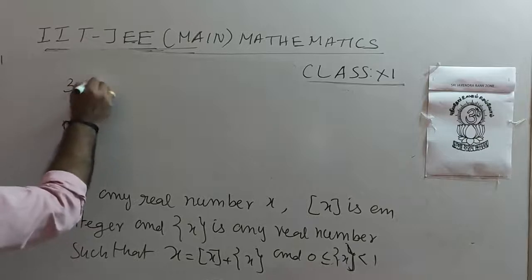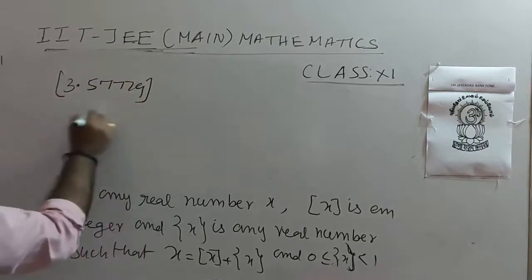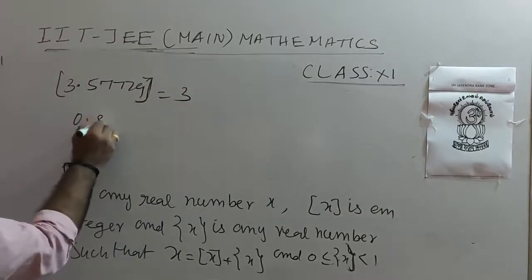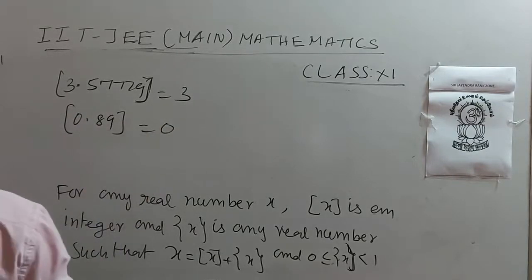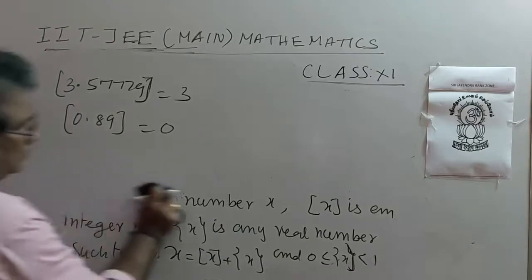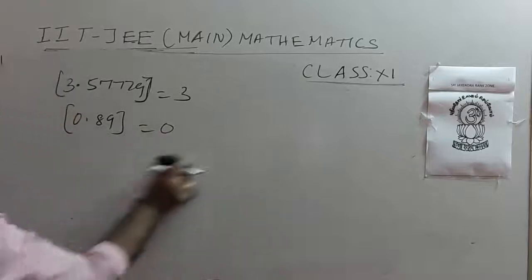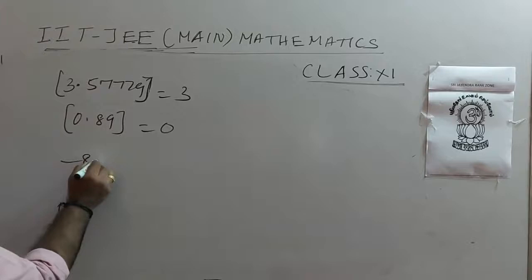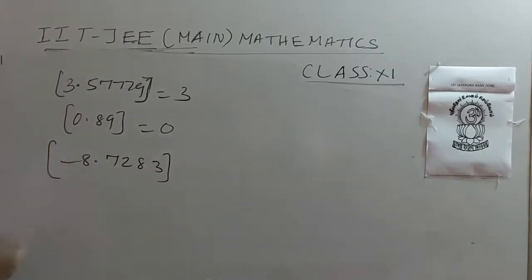For example, 3.5779. So the integer part only you are going to write, that is 3. 0.89, the lowest value you have to write, that is 0. Minus 8.7283.